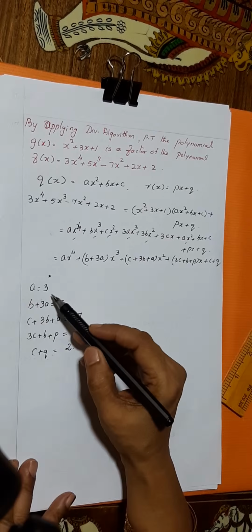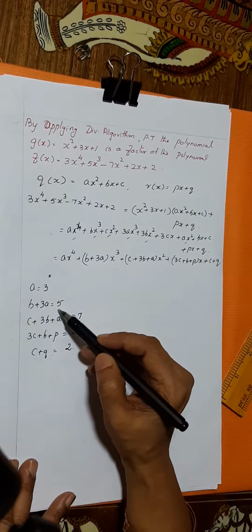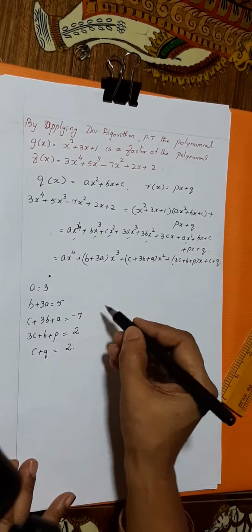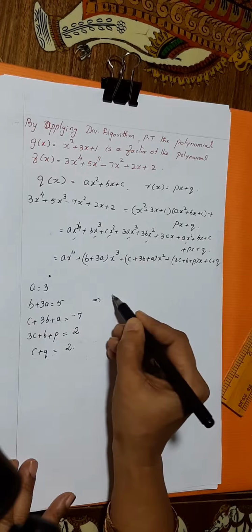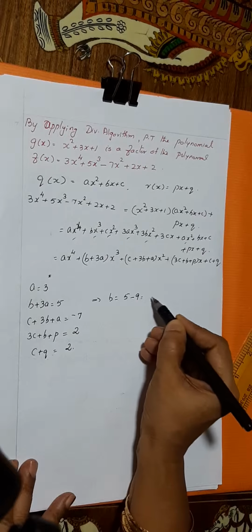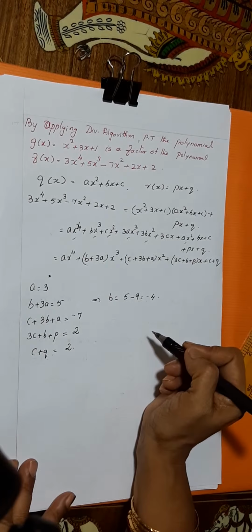So finding the values from here, a is equal to 3, so substituting it here, 3 into 3 is 9, so b is equal to 5 minus 9 equal to -4.